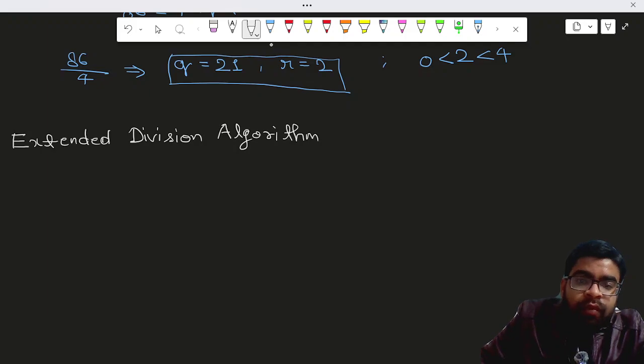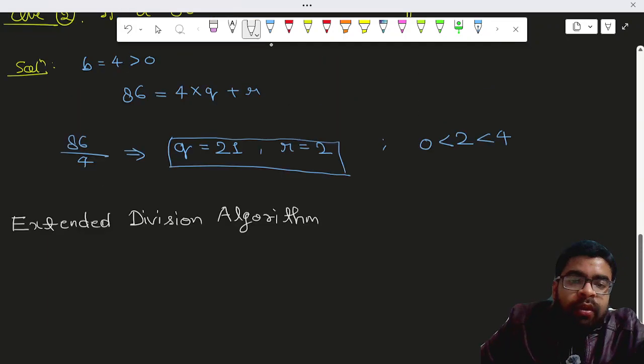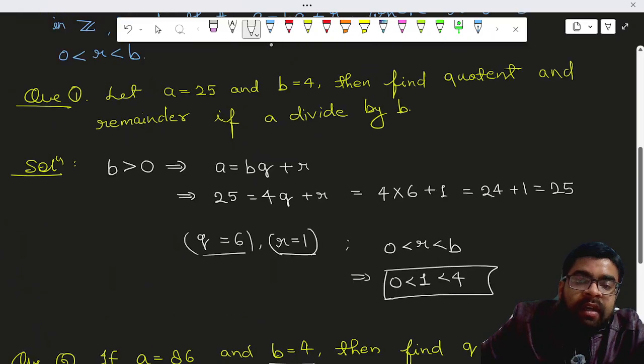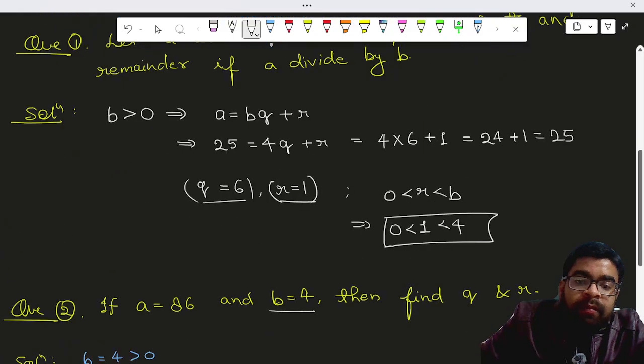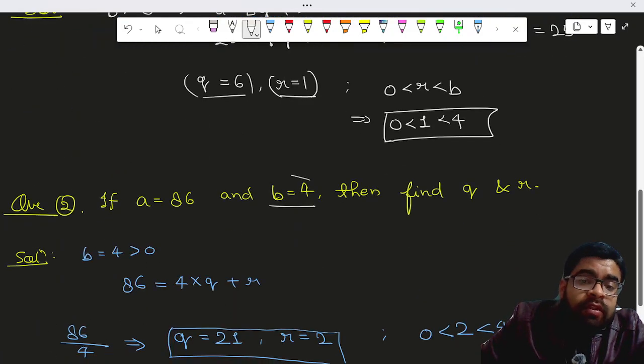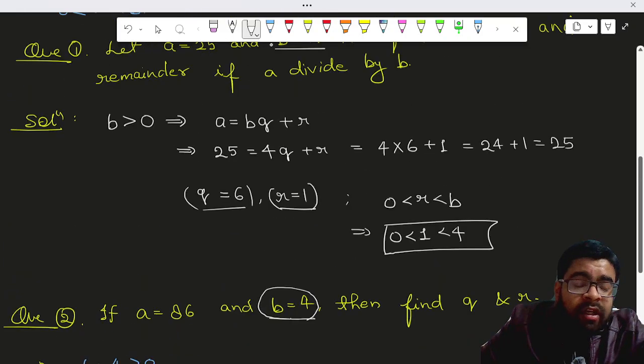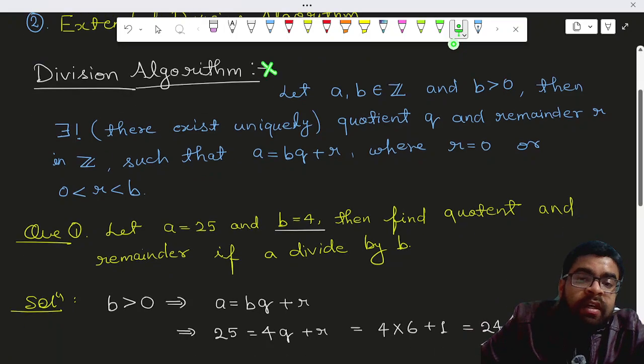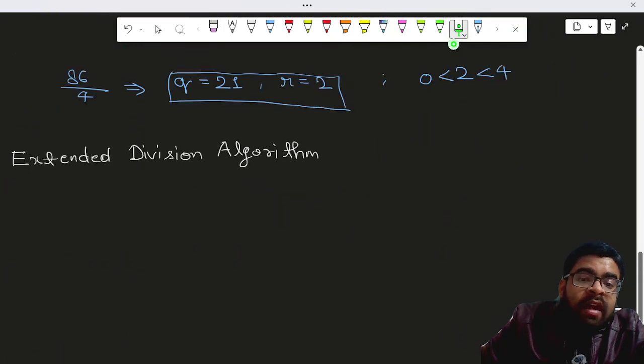So for example कि अगर मैं इन दोनों क्वेश्चंस में देखूं तो इन दोनों ही क्वेश्चंस में हमारे पास जो b आ रहा है वो greater than 0 है. But अगर मैं कहूं कि अगर मेरे पास जो b है वो एक नेगेटिव इंटीजर आ जाए तब हम क्या करेंगे, तब वहां पे हमारे पास डिवीजन एल्गोरिथम काम नहीं आता है. उस केस में हम लोग यूज करते हैं एक्सटेंडेड डिवीजन एल्गोरिथम.